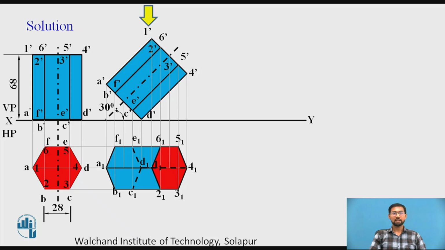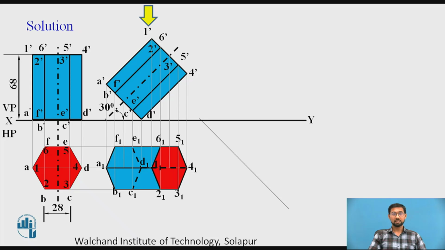Then E1 to D1 and C1 to D1 we will again mark as hidden lines. These hidden lines are always drawn in an easy manner, and these are not visible from the arrow mark.